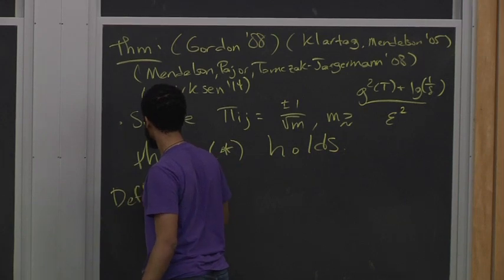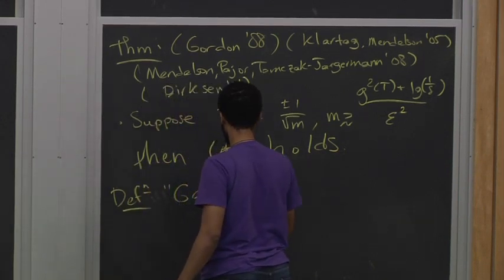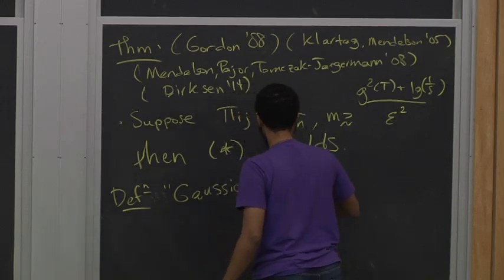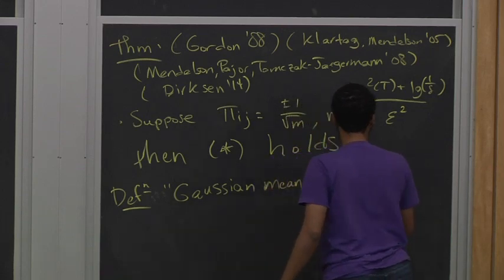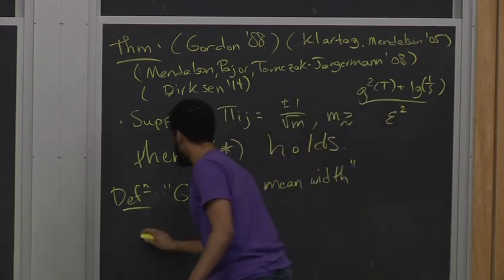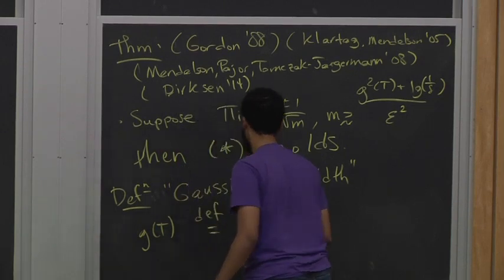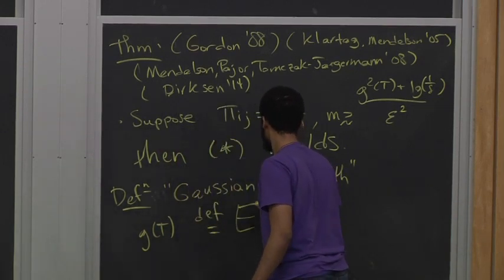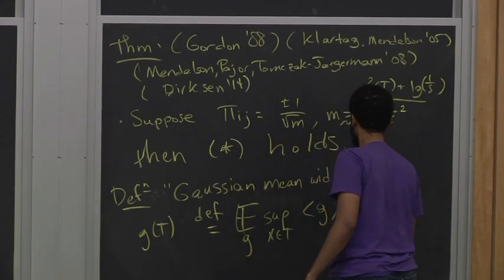Definition: the Gaussian mean width. G of T is defined to be the expectation over a Gaussian vector g of the sup over x in T of g dot x.